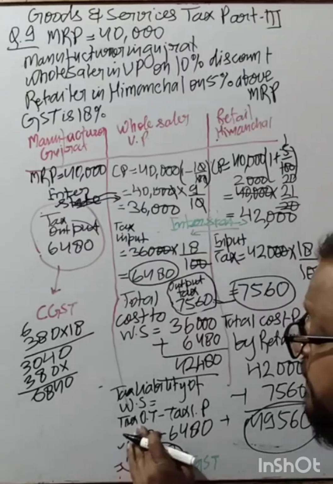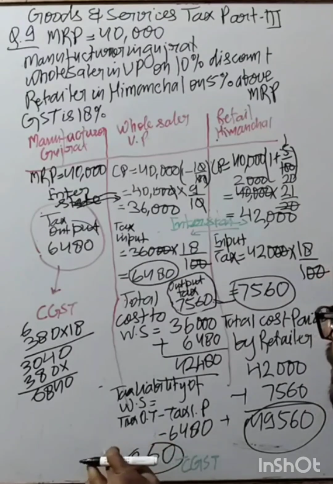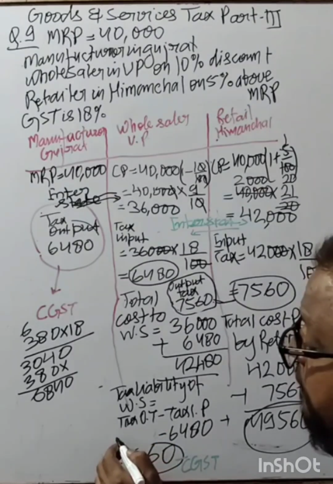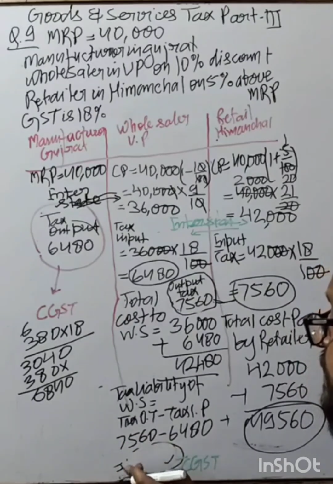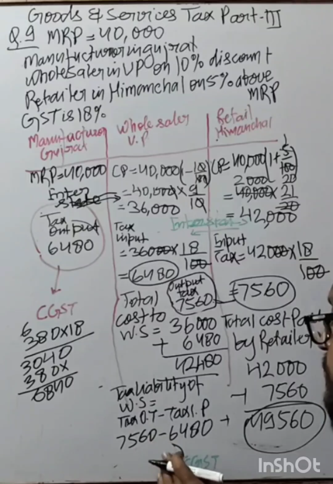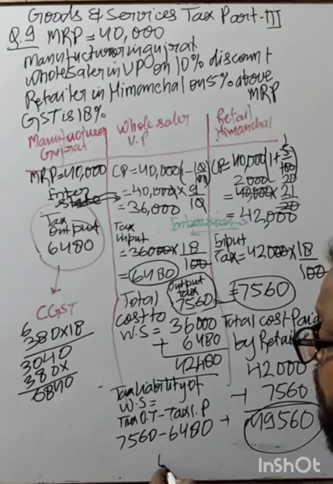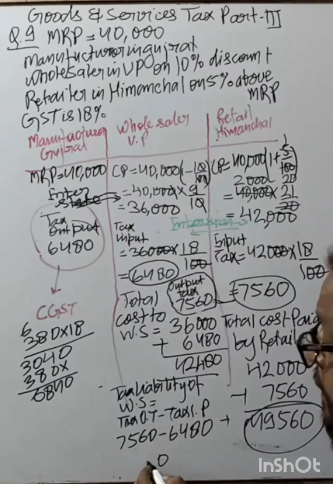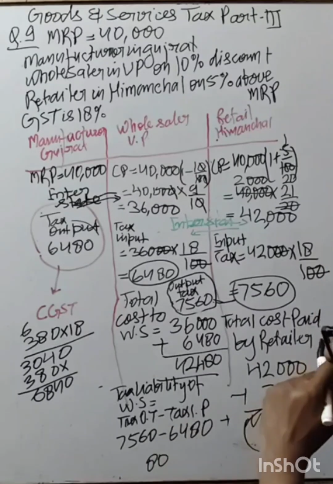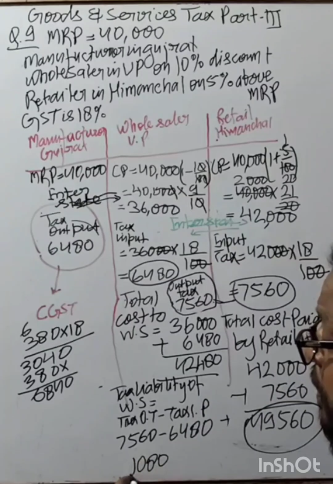Now output tax is 7,560. So GST paid to the central government, tax paid to the central government is 8,1... how much is it? 1,080.